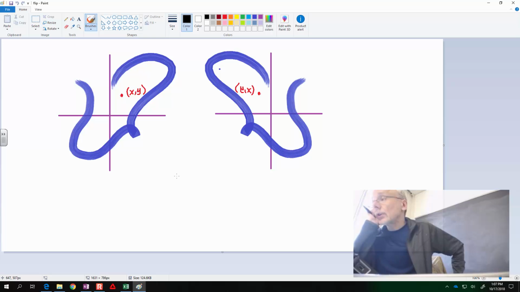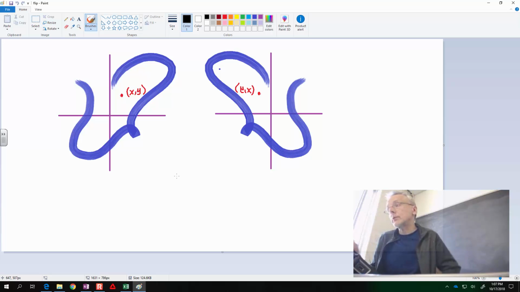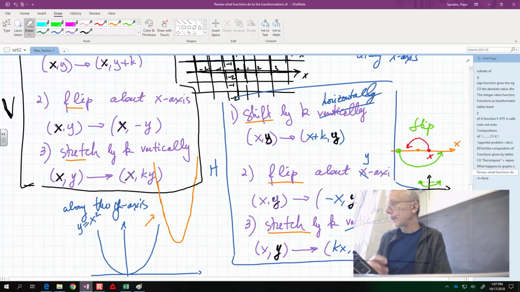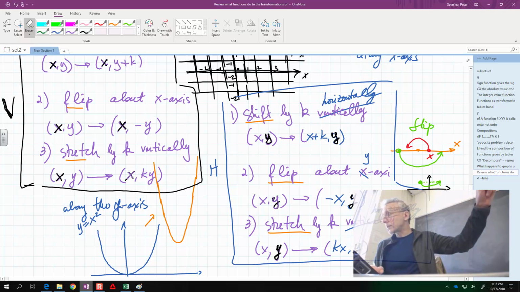So that's like a generic point, and by tracing only where one point goes, because the transformations are so simple, if you know where one point goes, you know where the rest of them go. So in this particular case, y remains the same, x changes to the negative, or rather you multiply x by -1. So it is a horizontal flip, which is here on the list, on the right list, number 2.